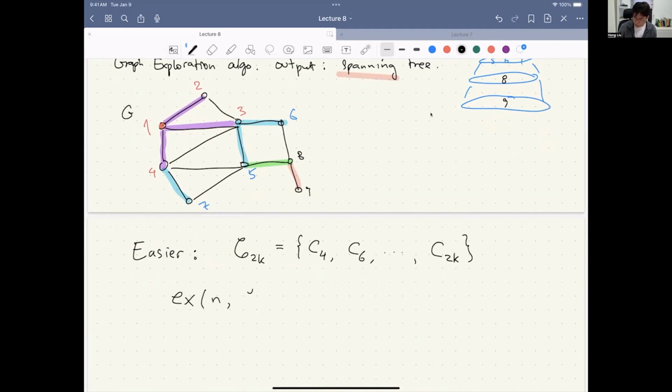If you look at the extremal number of this finite family, we can prove n to the 1 plus 1 over k, the exponent that we want.